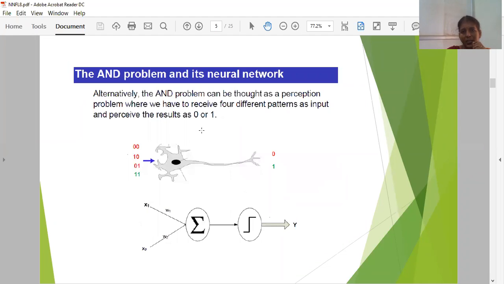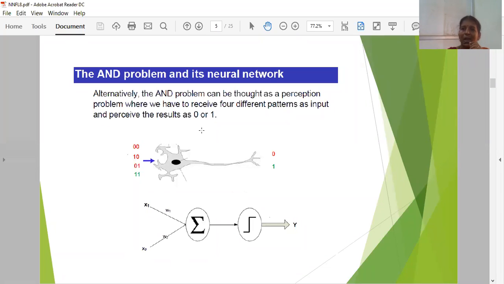So in this single layer feed forward network, we can learn today how to model a simple AND problem in the artificial neural network.